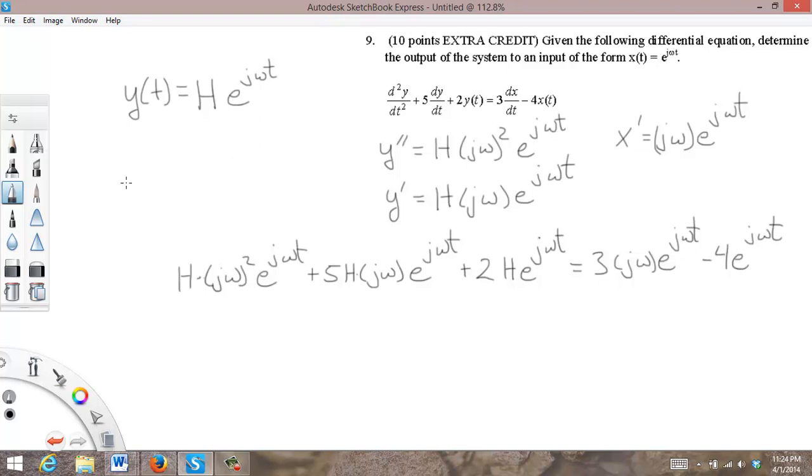And so the first thing to notice is every single one of these terms has an e to the j omega t in it, so we can divide that out.